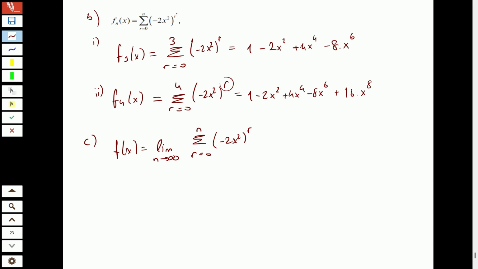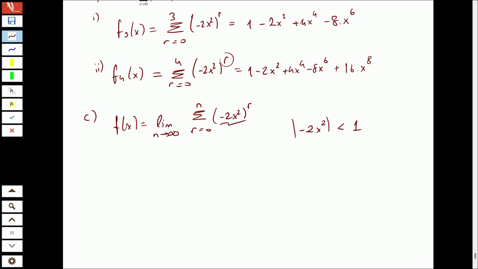So if there is a limit like this, or if there is a function like f of x, it means the absolute value of the ratio of this expression in here will be less than 1.